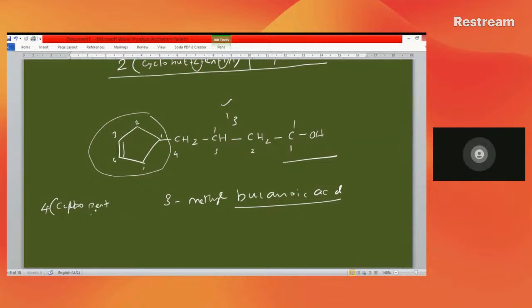In the cyclopentene, the double bond is present at the 3rd position, so 3-ene, 1-yl. 3-ene indicates that the 3rd position of the cyclopentane is having unsaturation. 1-yl is indicating the first carbon is getting attached. This 4 outside the bracket is telling the position of the cyclopent-3-en-1-yl on the methyl butanoic acid. In this way, the compound's name can be explained.